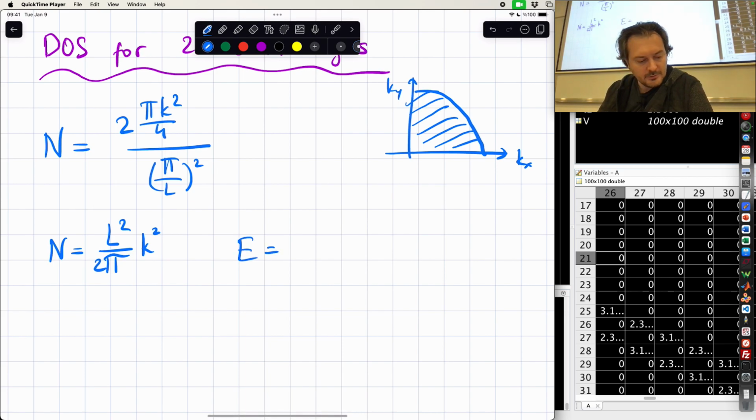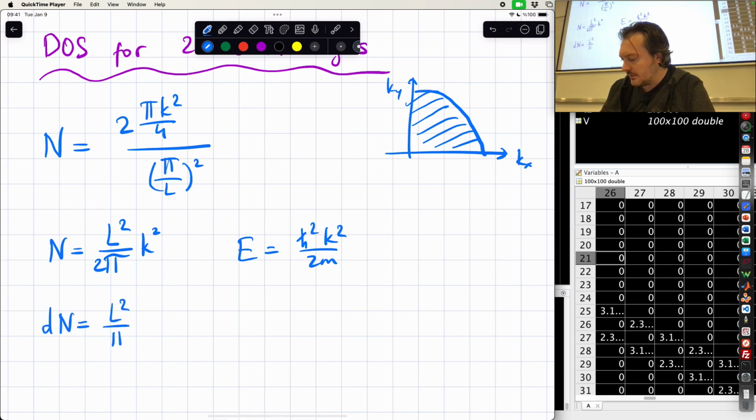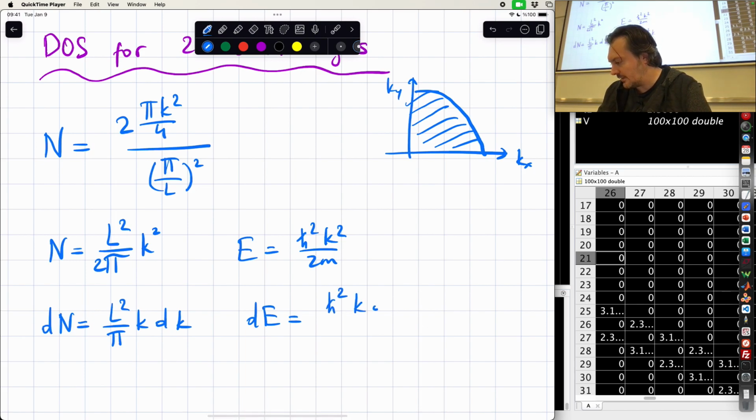E is equal to h bar squared k squared over 2m, right? So this one tells you that dN is equal to L squared over pi times k dk, while this one tells you that dE is equal to h bar squared k dk over 2m.